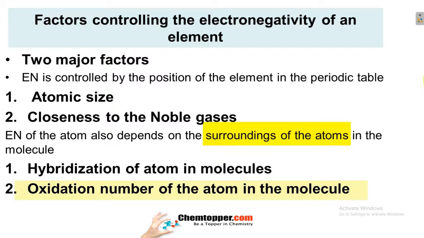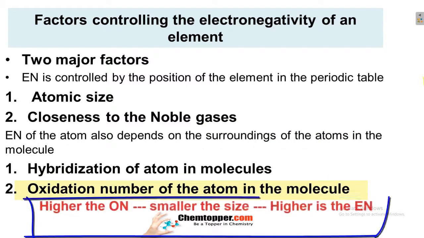Another is the oxidation number of the atom in the molecule. The higher the oxidation number, the smaller the size, the more electron hungry the element, and the higher the electronegativity. We are going to discuss all these factors in detail with different examples.